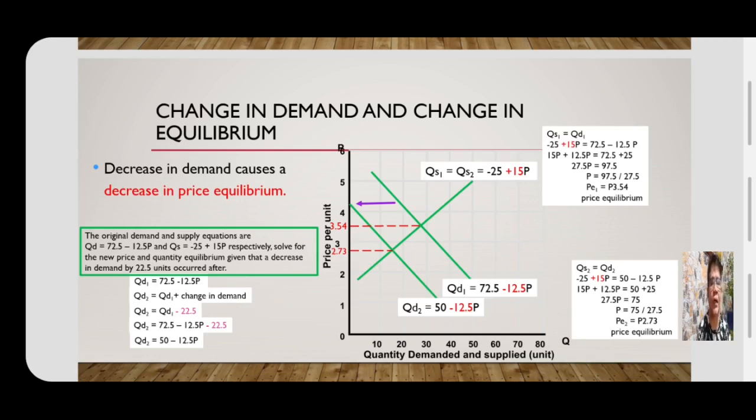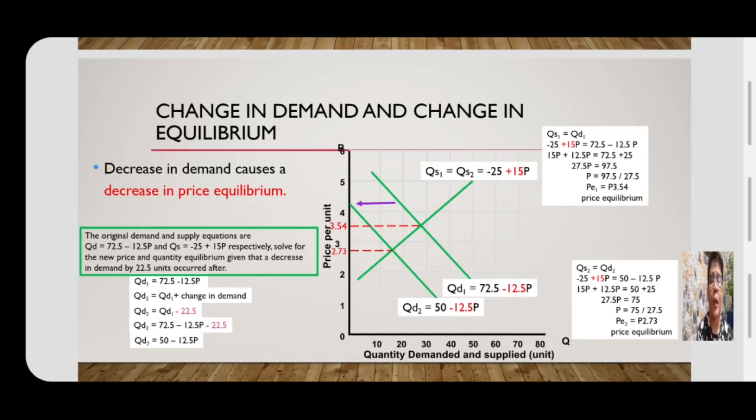So notice that in our graph we have the demand curve shifted to the left, while there is no shift in the supply curve, meaning to say that the supply is constant and there is a decrease in demand.